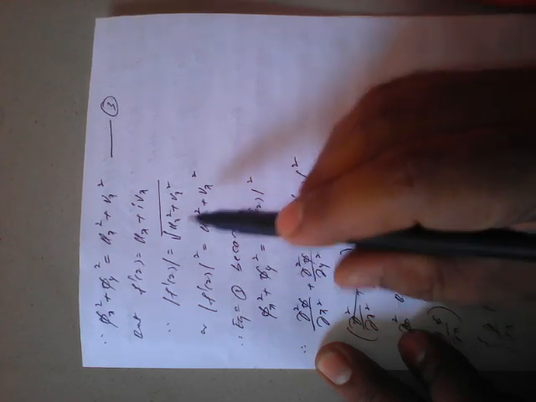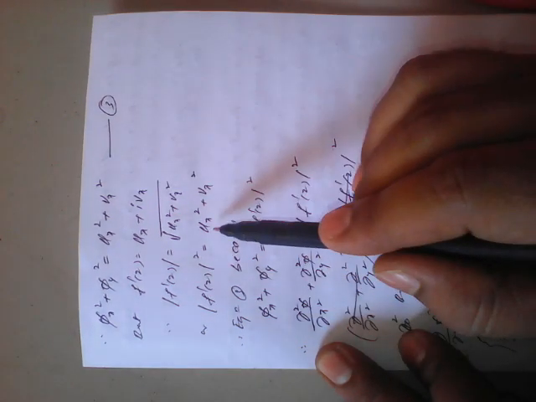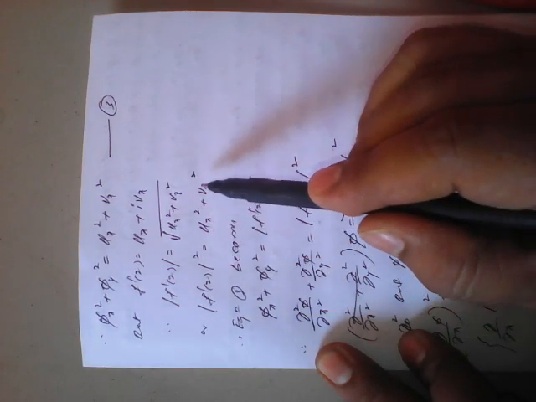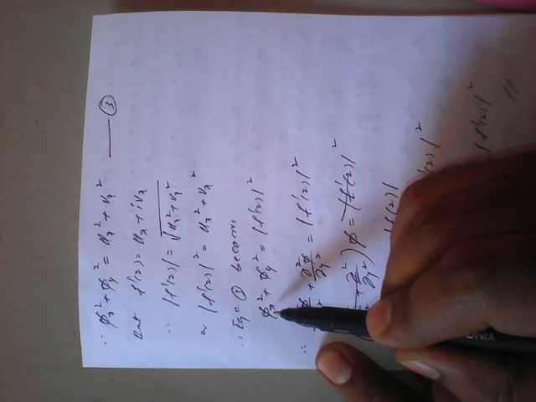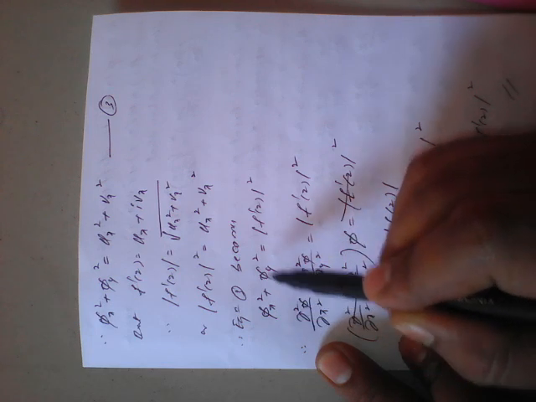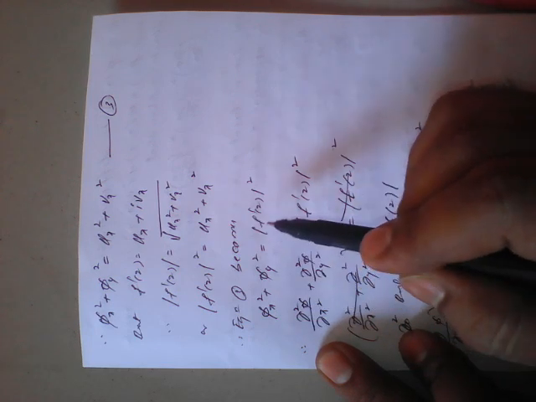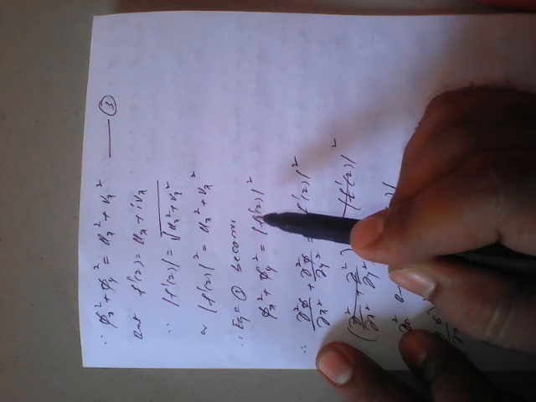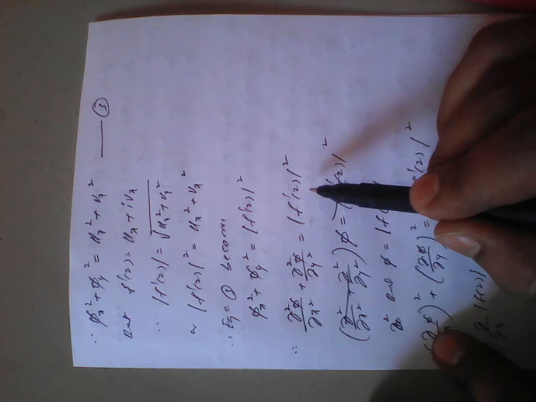So we will use this result in equation 3, means I will replace ux square plus vx square by modulus square of f dash of z in equation number 3. So therefore the left hand side as it is, phi x square plus phi y square is equal to modulus of f dash z square. So this can be written as dou square phi upon dou x square plus dou square phi upon dou y square is equal to the right hand side as it is.